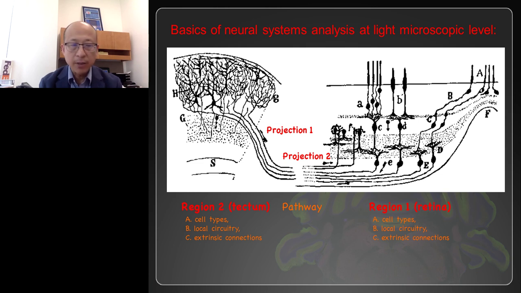The tectum also has different cell types displaying different neuronal morphology. In fact, in the last several decades, the whole neuroanatomy field has been trying to refine the anatomy, identify different cell types, and understand their local circuitries and their long-range projections.